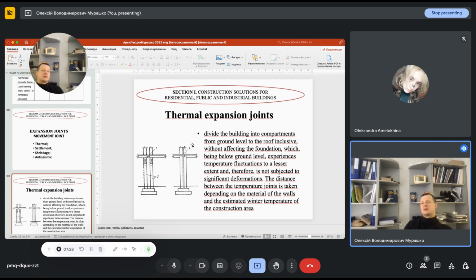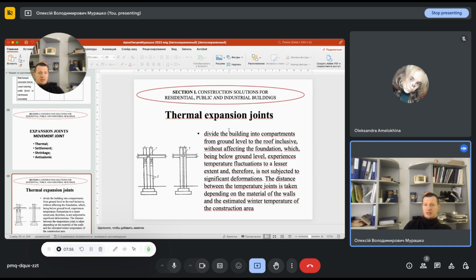The first type of expansion joint that we have considered is the thermal joint. It is a thermal expansion joint, and we make such joints because of the thermal expansion of the building during the warm period, or vice versa, the contraction of the building during low temperatures.